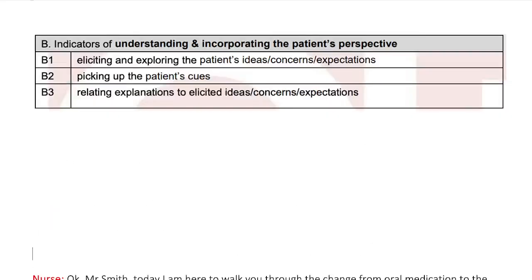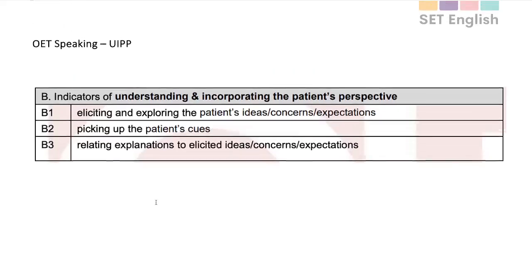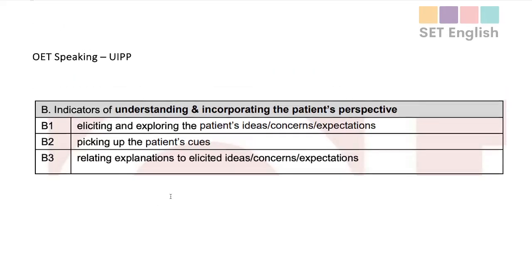Okay, so every criterion in OET speaking has got a number of indicators. Now, for understanding and incorporating patient perspective, which is here, we have three different criteria. These are the indicators for them.